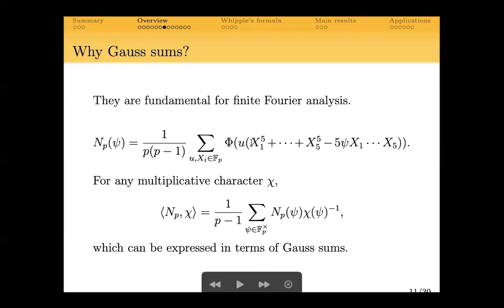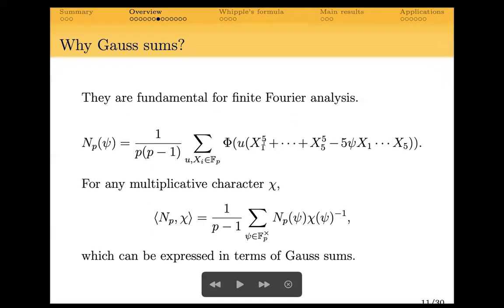One way to do it is we add an additional variable u. So if I do the summation, applying the additive character to this product, in case I plug the values x1 to x5 in here and get a value which is not 0, summing over u, the average will be 0.